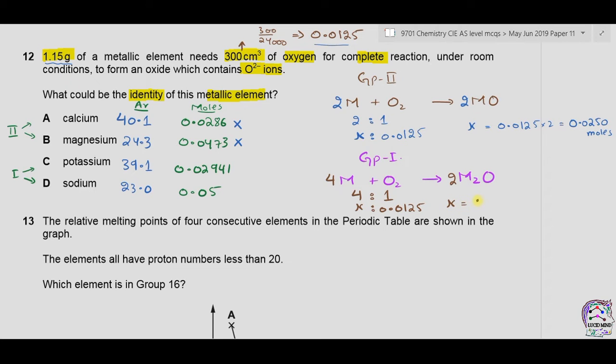X comes equal to 4 into 0.0125, and it comes equal to 0.05 moles. Now looking at the number of moles of group 1, this one seems to be correct. The answer is therefore D.